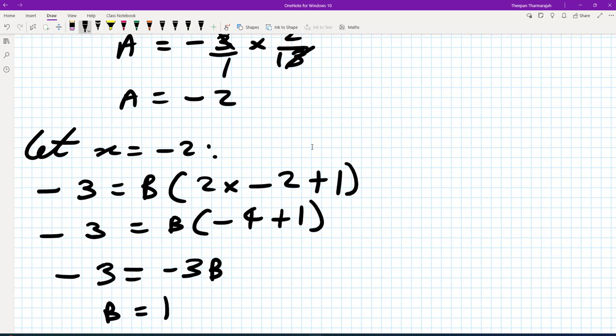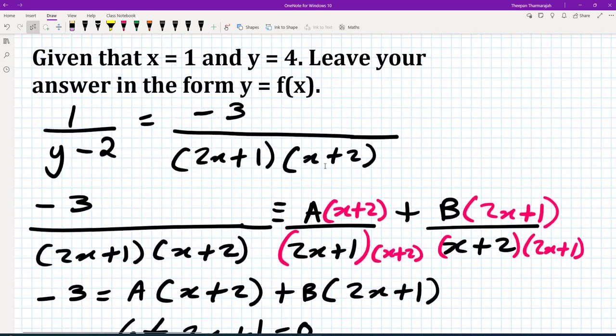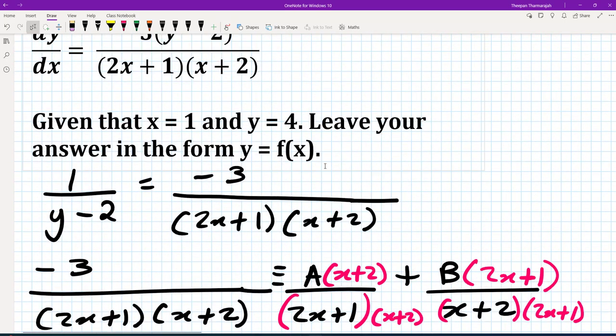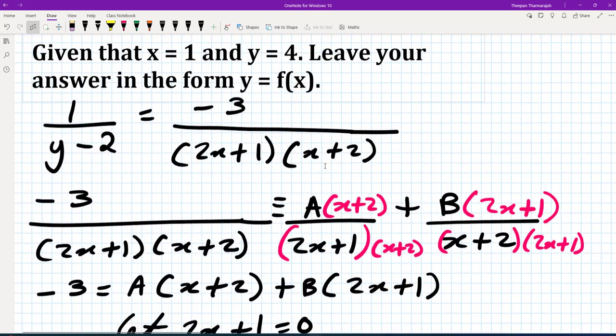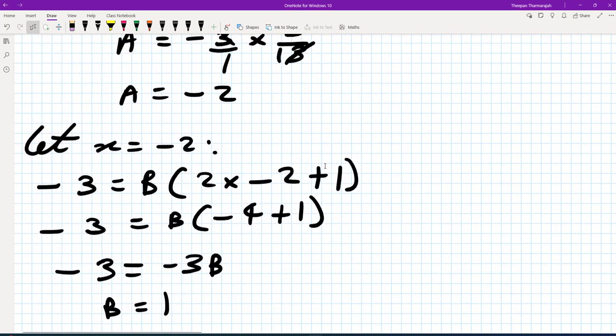So what that means is we could rewrite our partial fraction with the value of a, which is minus 2, and the value of b, which is positive 1.